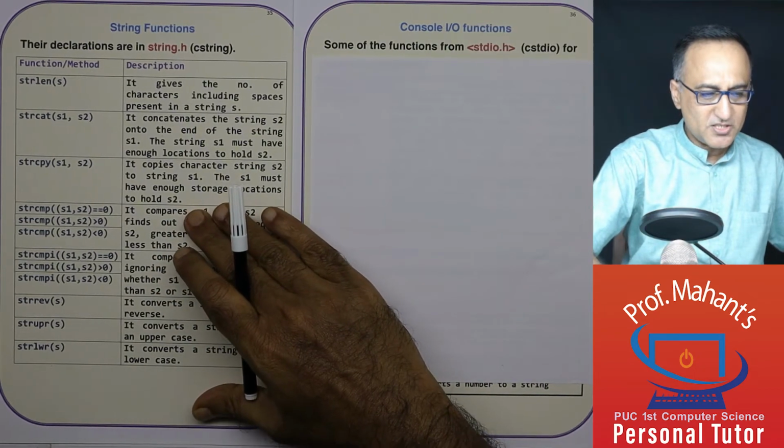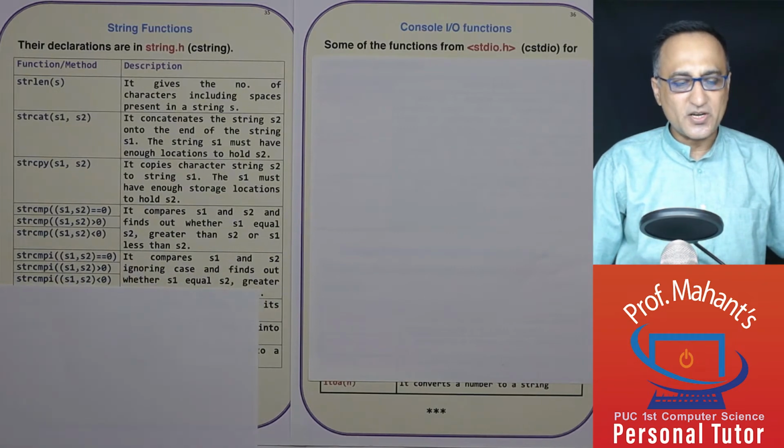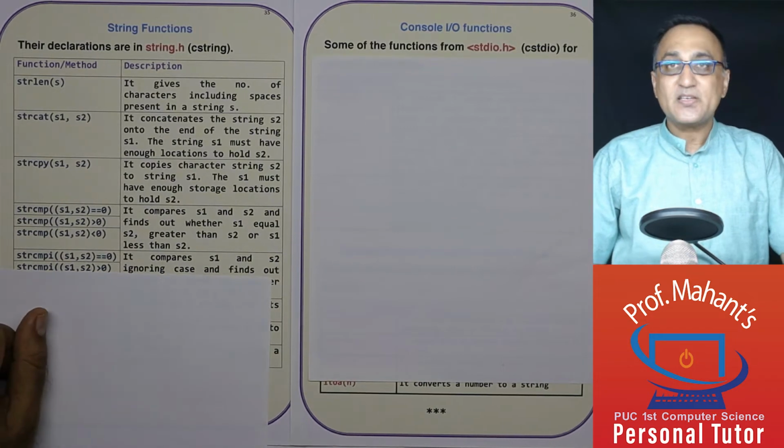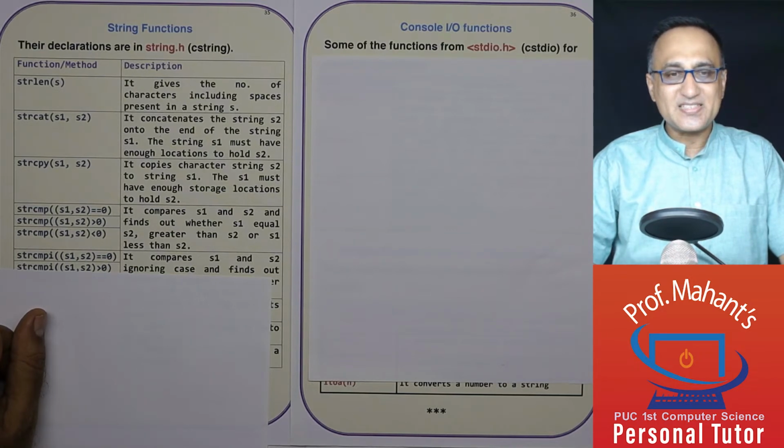What are string functions? String functions are functions which work on strings. For example, suppose I want to know Mahant, M-A-H-A-N-T, how many characters are there in Mahant? There are 6 characters in Mahant.